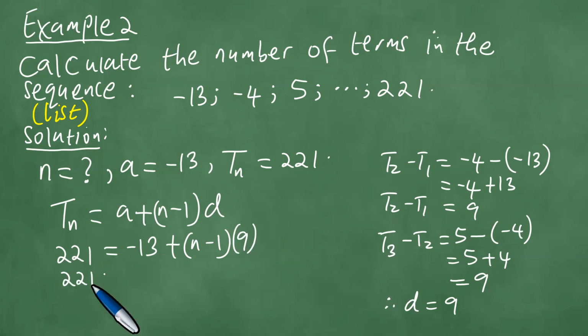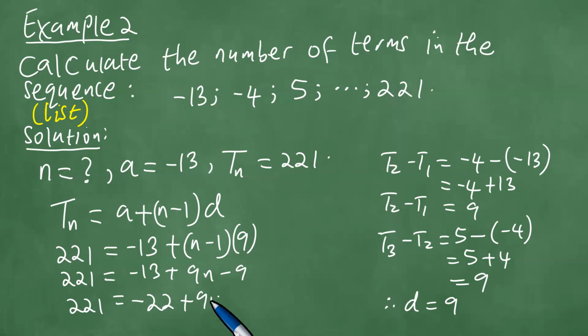Which means 221 equals minus 13 plus 9 times n minus 1. So here you distribute: 9 by n becomes 9n, minus 9. Minus 13 minus 9 is minus 22.